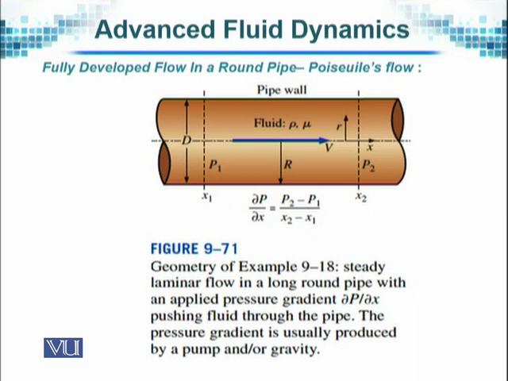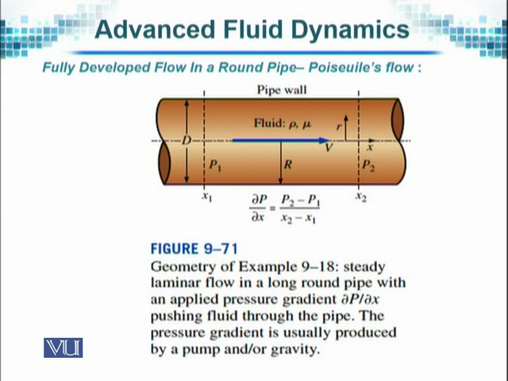The radius of the pipe is R, the x coordinate is taken as the axial line along the center of the pipe, and theta of course will be in the rotational direction, not shown here. The density of the fluid is denoted by rho, and the viscosity of the fluid is denoted by mu, the coefficient of viscosity.